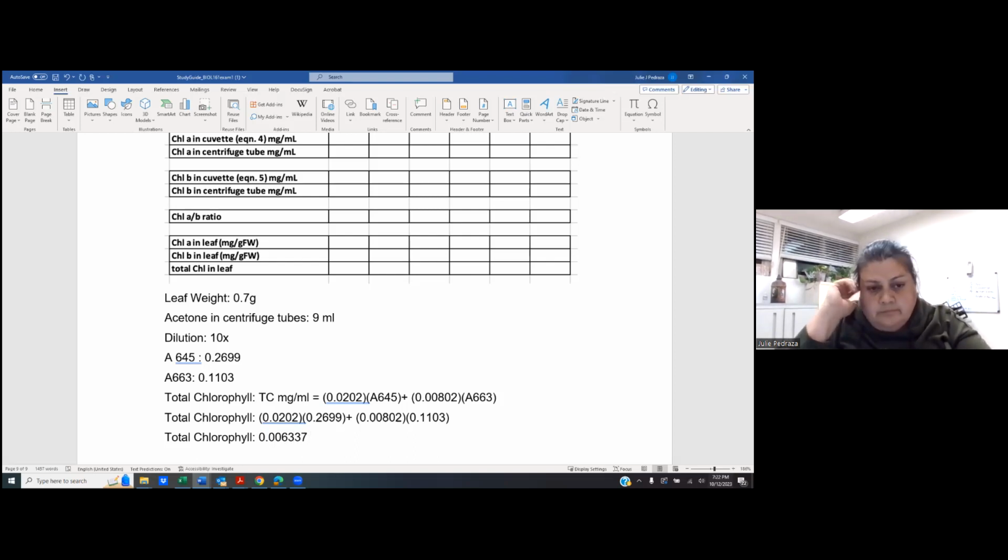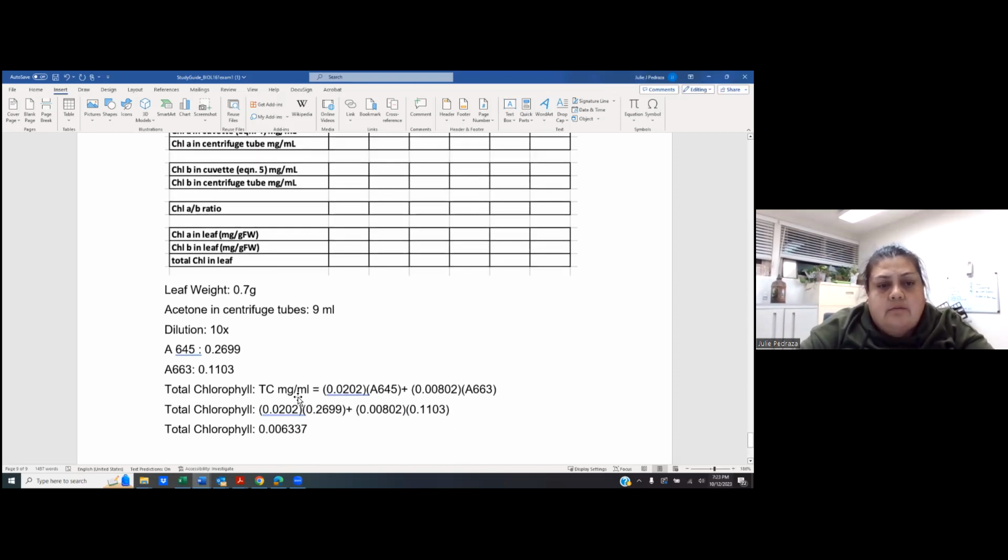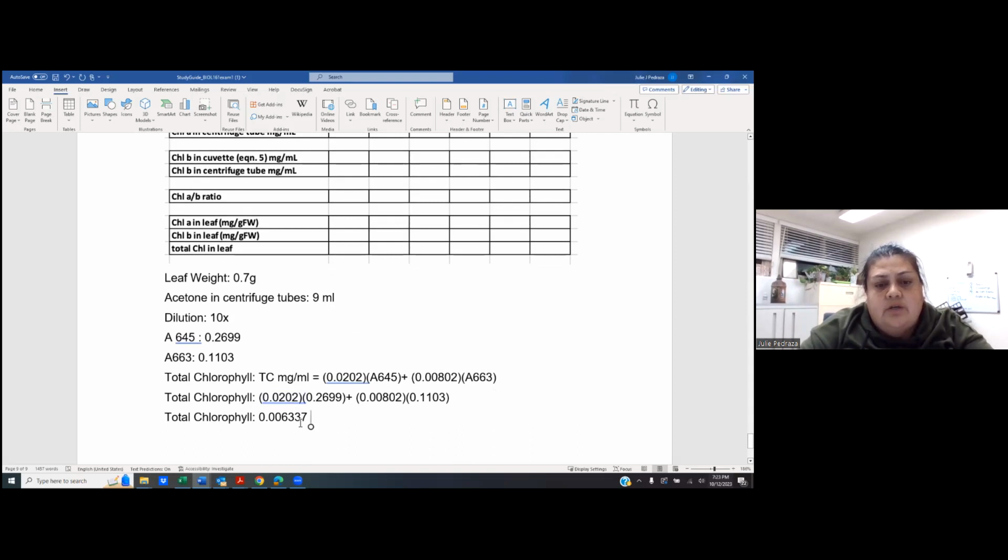Okay. Then it's saying total chlorophyll in cuvette. So we don't know that. So that means we need to do what?